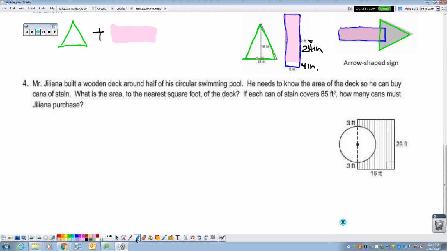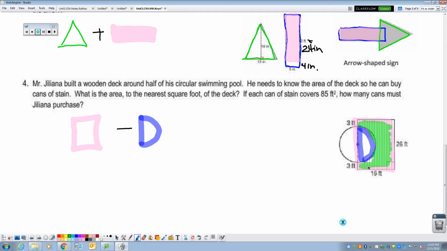So first, we have to get the area of this deck, and the area of the deck is going to be a rectangle minus, not the full circle, but just half of a circle. We'll make it blue because it's a pool. So that gives me the area of the deck. That's going to help me figure out this area.